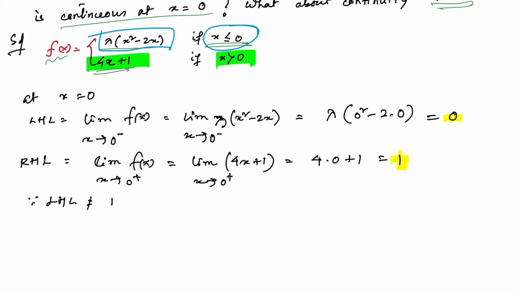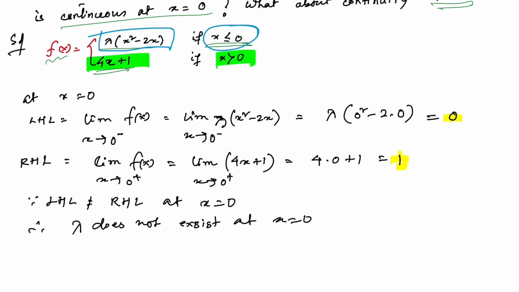Since left hand limit is not equal to right hand limit at x is equal to 0, therefore the limit does not exist at x is equal to 0.